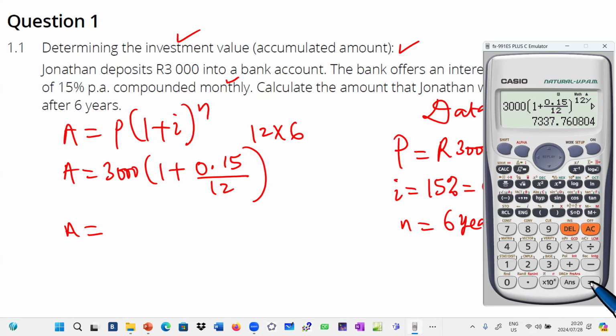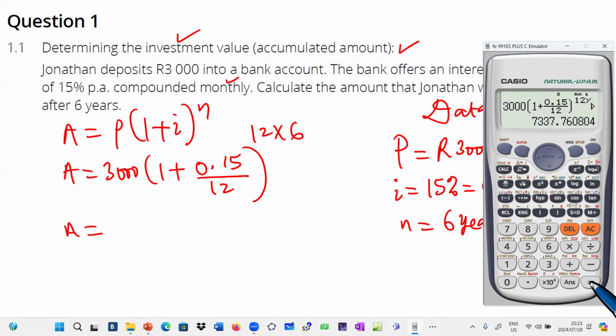And the amount we're getting is exactly that value there. Take a look at that.